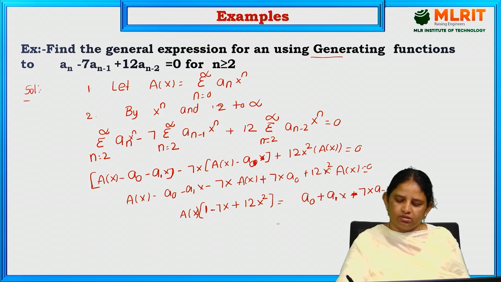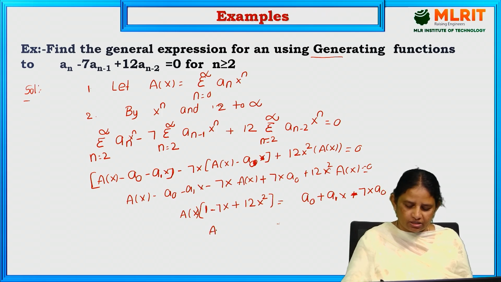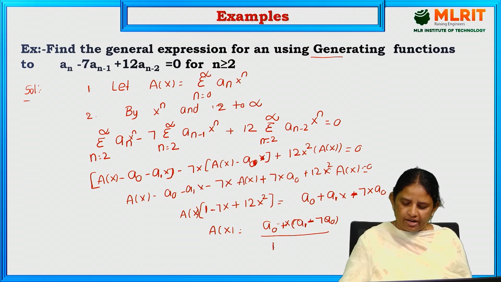Then a of x is equal to a0 plus x times a1 minus 7 a0, divided by 1 minus 7x plus 12x square.